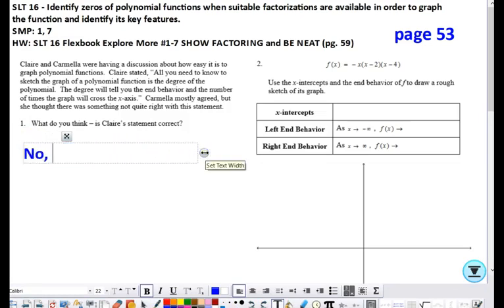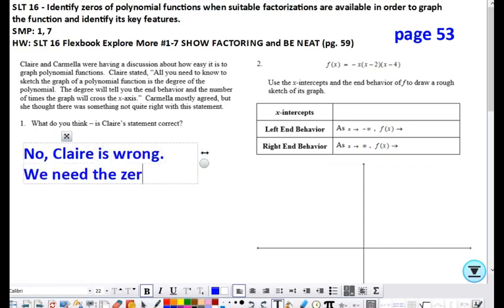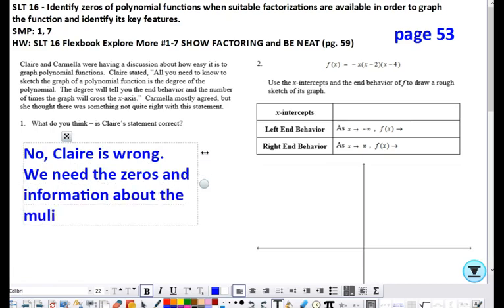Okay, no, Claire's not right. We need the zeros and information about multiplicity of each 0.